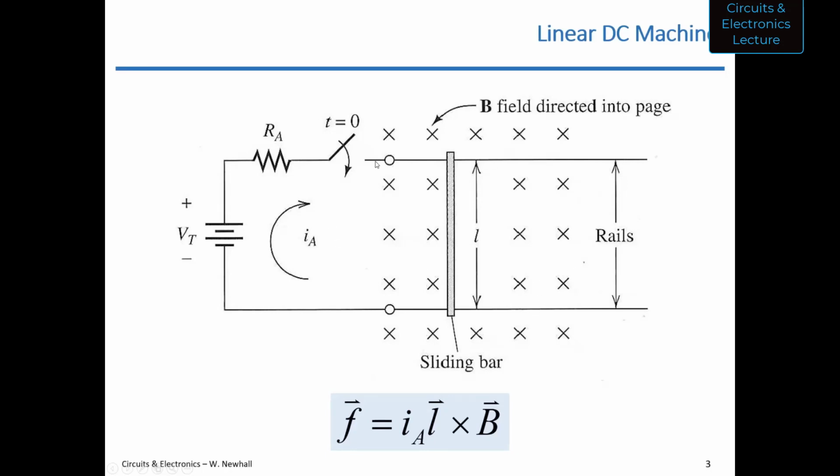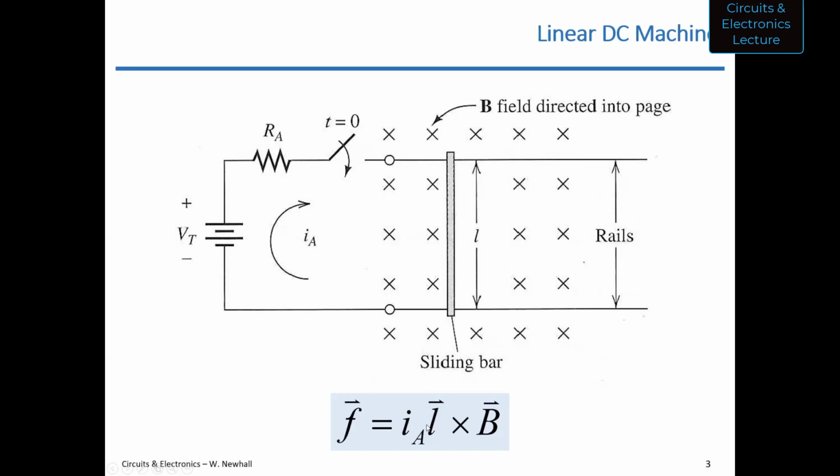What you would find is that when you put current through this sliding bar, it can slide freely along those rails, and you will have a force exerted on that sliding bar equal to IL cross B. Go back to physics: that's how this magnetic field applies a force to the current flowing through that sliding bar.